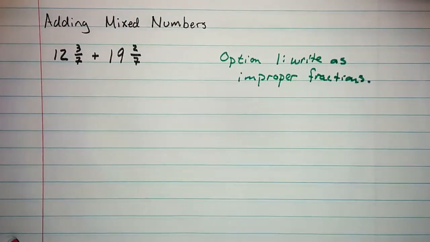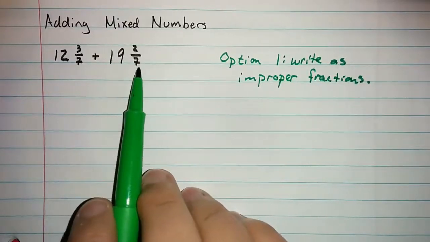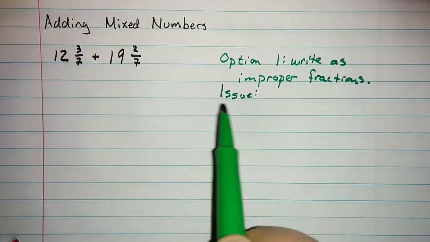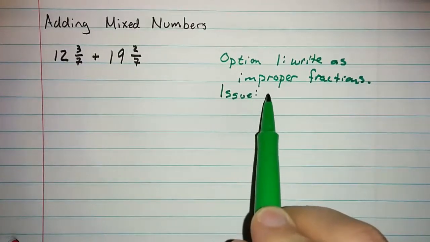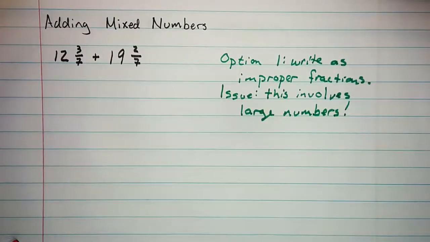What's wrong with that idea is that in this example, that would require multiplying 7 times 19. In general, that's going to involve working with large numbers. So if we possibly can, we'd like to avoid that approach.